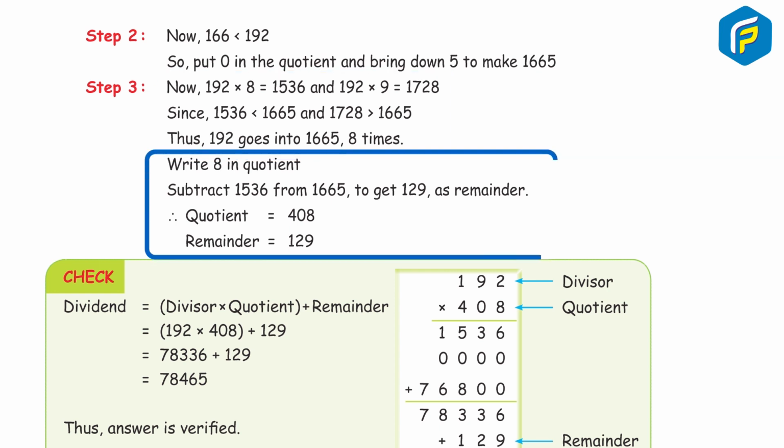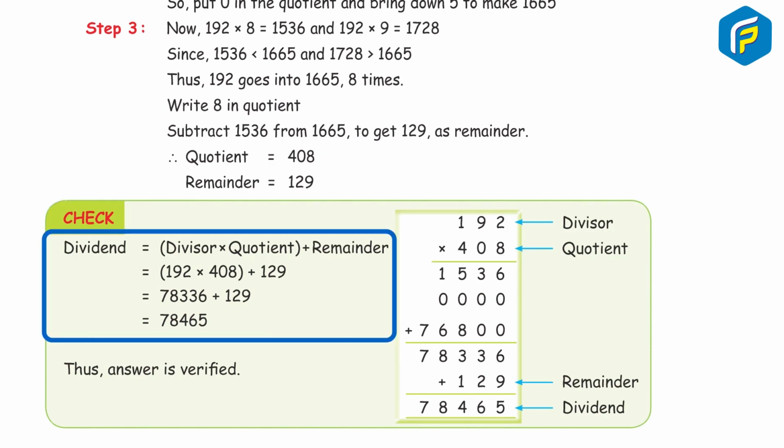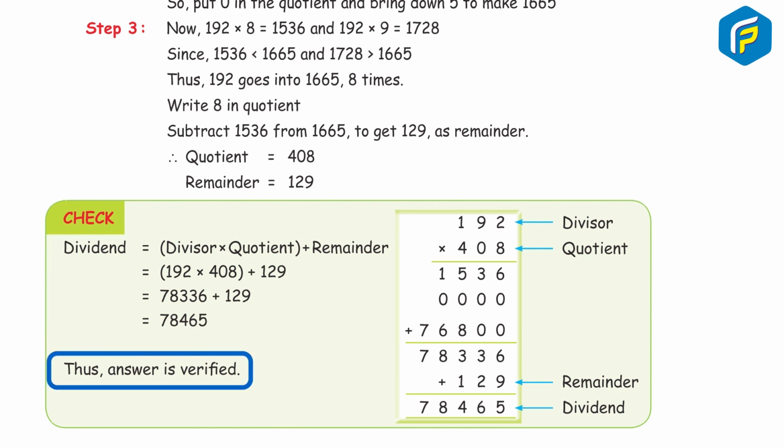Write 8 in quotient. Subtract 1536 from 1665 to get 129 as remainder. Quotient 408, remainder 129. Check dividend. Divisor into quotient plus remainder. 192 into 408 plus 129 is 78336 plus 129, which is 78465. Thus the answer is verified.